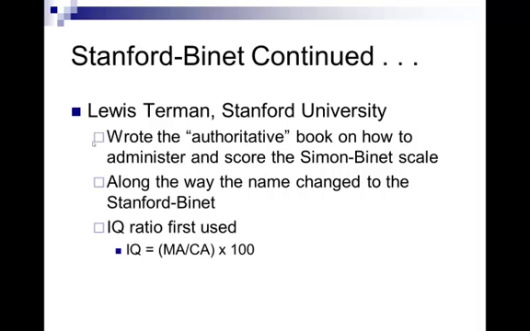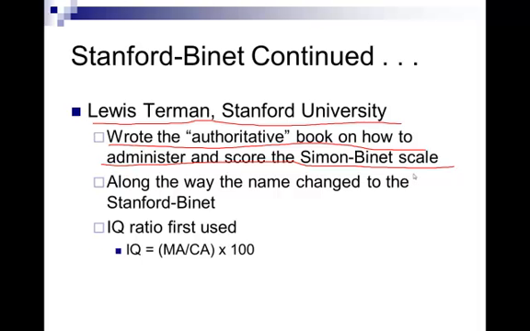And a guy by the name of Lewis Terman from Stanford wrote the authoritative book on how to administer and score the Simon-Binet scale. Okay, so it wasn't known as Stanford-Binet at that point, but this guy from Stanford wrote a book to tell testers how to use this test.